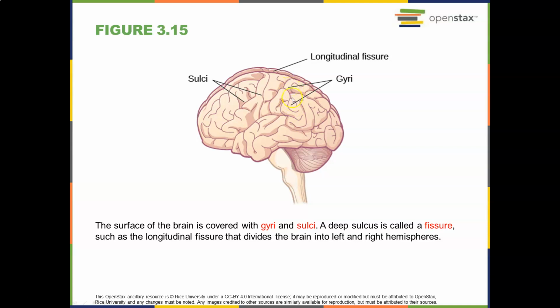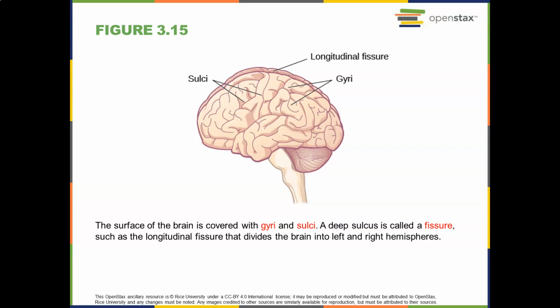One of these is called a gyrus, but more than one is called gyri. Now the little folds or creases within the brain, the little indents, are called sulci, and one sulci is actually called a sulcus, spelled S-U-L-C-U-S. So just be aware of that.